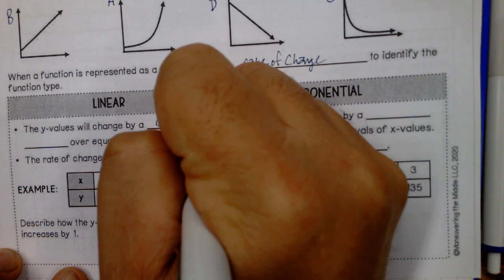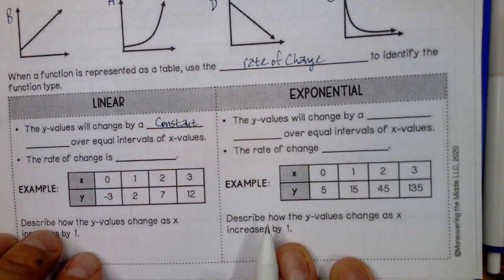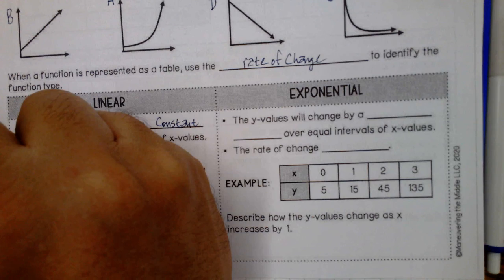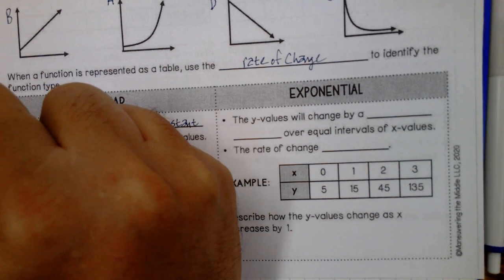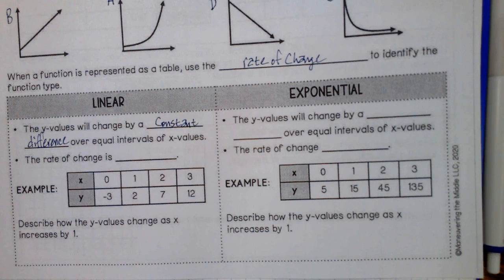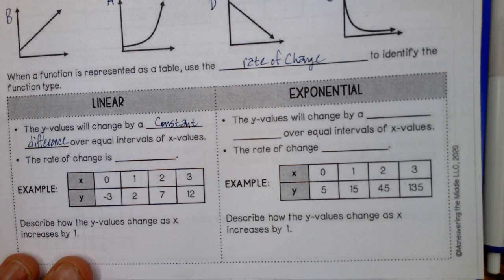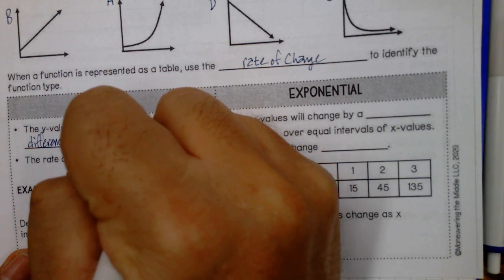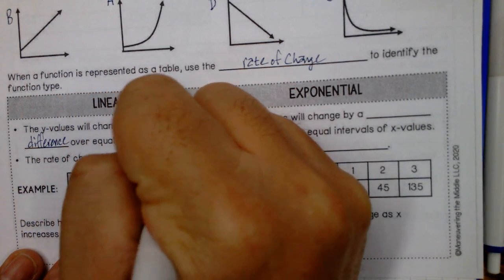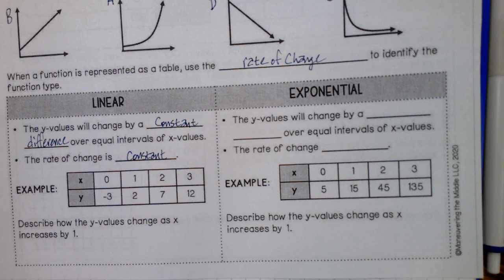So this is for linear. For linear, it's going to change by a constant difference. So it's either increasing or decreasing, positive or negative. Over intervals of x values, the rate of change is constant as well. Sometimes we may have to simplify the fractions, but they should always be constant.